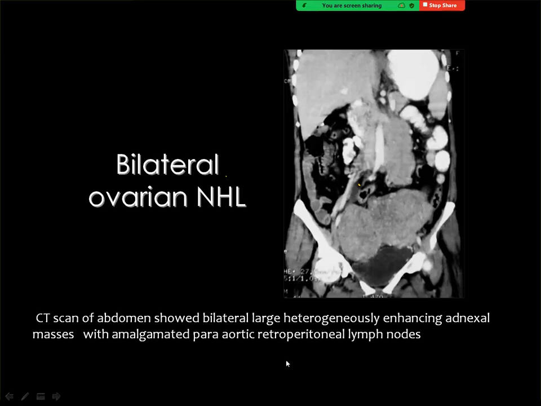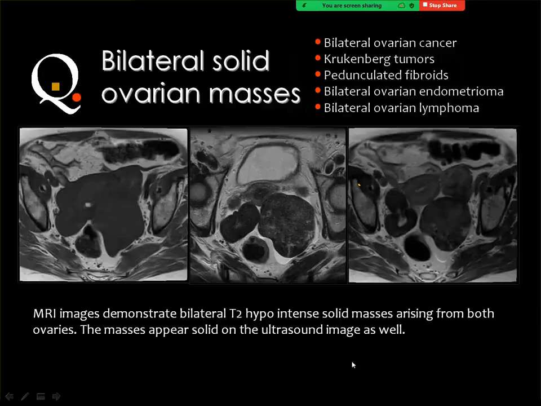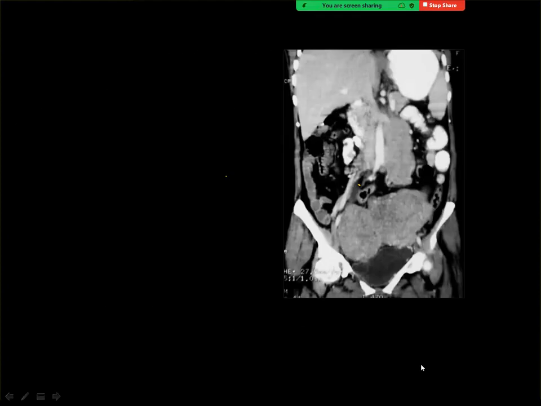The previous case is not histologically diagnosed, but if you are confronted by a similar case in the exam, you provide the differential diagnosis that I have said, including bilateral ovarian cancer, Krukenberg tumor, pedunculated fibroids from the uterus, bilateral ovarian endometrioma, and bilateral ovarian lymphoma.